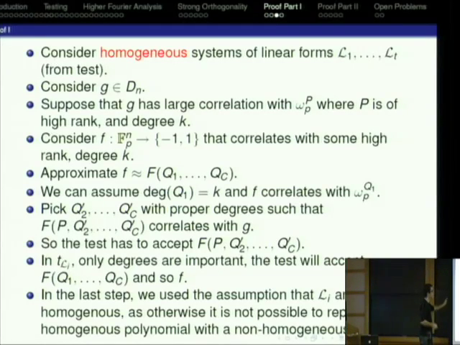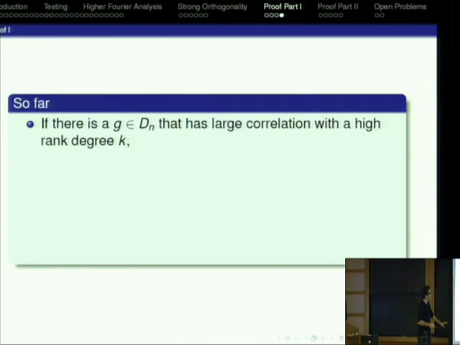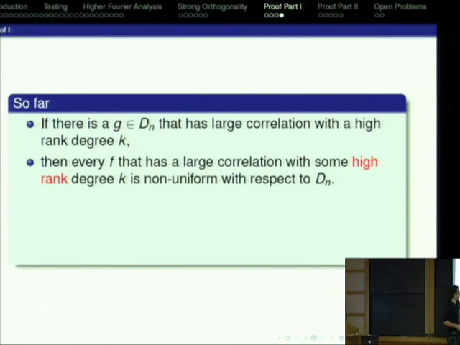Okay, so if there is no question about this, I'll move to the next part. So far we showed the following. If there is some G that correlates with a high rank degree k polynomial, we are accepting every f that correlates with a high rank degree k polynomial. But this high rank is a problem here.